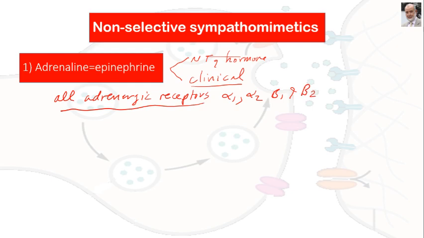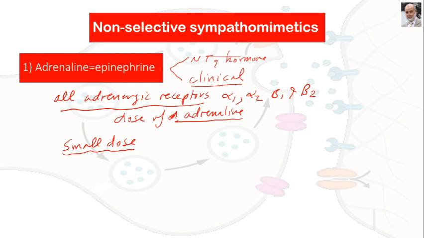However, this affinity to different adrenergic receptors, or selectivity, depends on the dose of adrenaline. Okay, so if we use, for example, small dose of adrenaline, and when we say small dose, that means lower than the therapeutic dose, it will act as a beta-2 agonist.